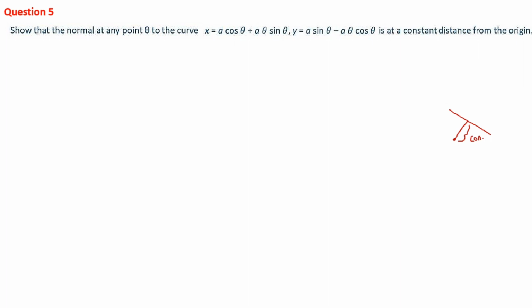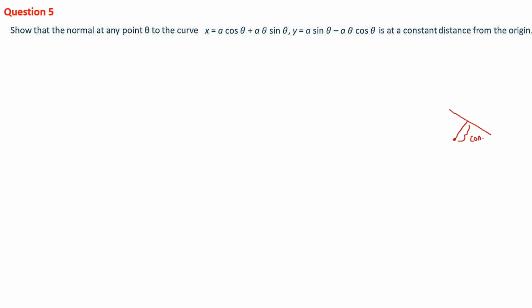So the first part is our class 12 part. That means we know how to find the equation of the normal. First we have to find dy by dx. Of course this is parametric form, so from here we have to calculate dx by d theta and dy by d theta. From there we will calculate dy by dx. Then we will find the slope of the normal.